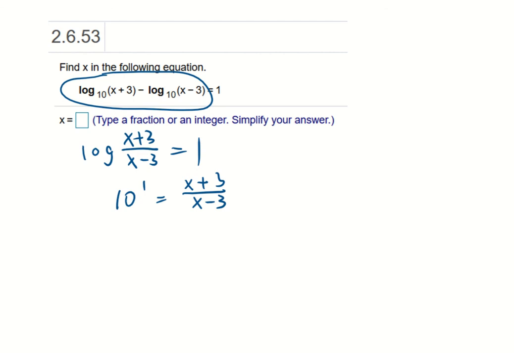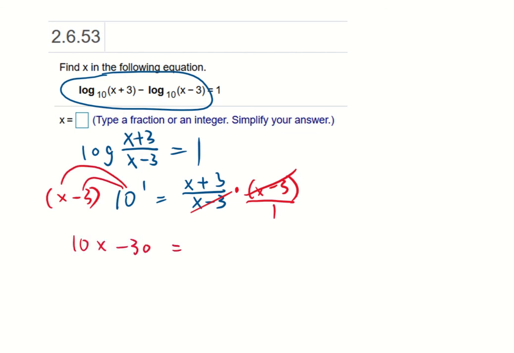Alright, now to solve this equation, you could multiply both sides by x minus 3 to get rid of the x minus 3 in the denominator on the right side, because they will cancel out. So 10 to the 1 is just 10. Right? Distribute the 10. 10x minus 30 on the left side equals x plus 3. Then all we have to do is solve this equation.